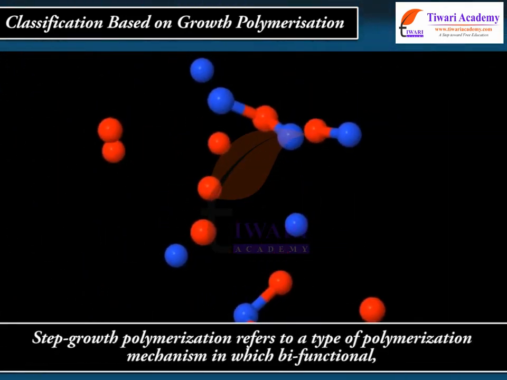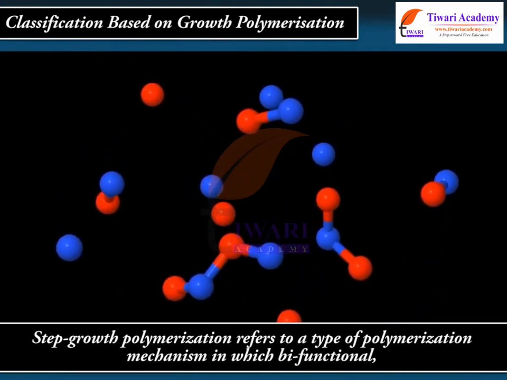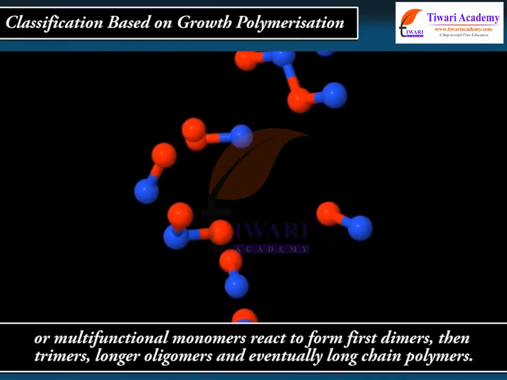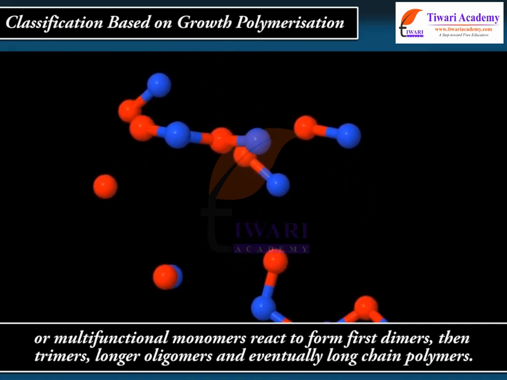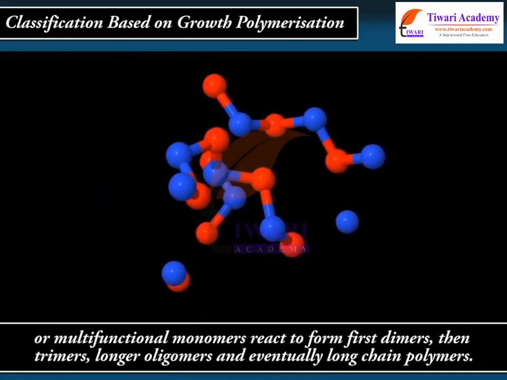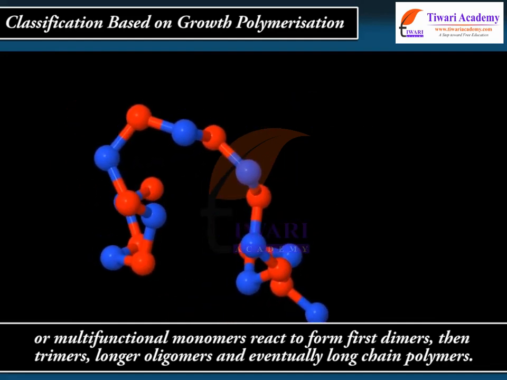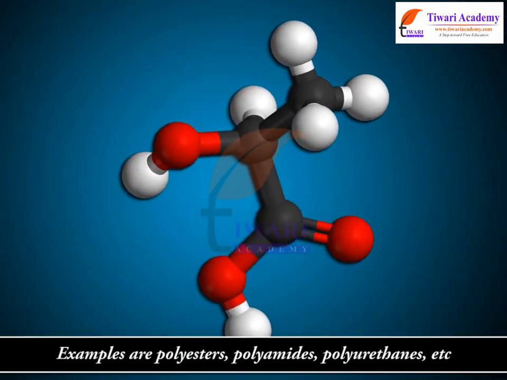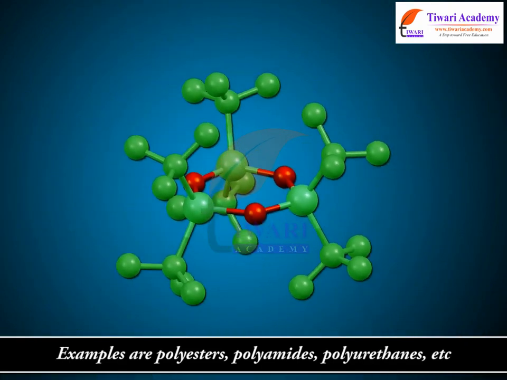Step growth polymerization refers to a type of polymerization mechanism in which bifunctional or multifunctional monomers react to form first dimers, then trimers, longer oligomers, and eventually long-chain polymers. Examples are polyesters, polyamides, polyurethanes, etc.